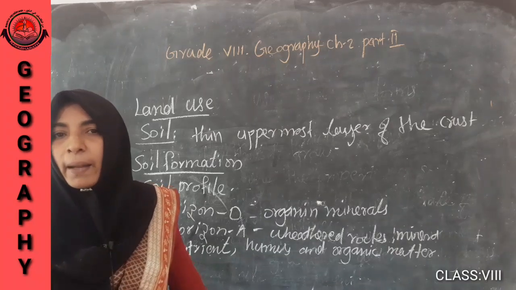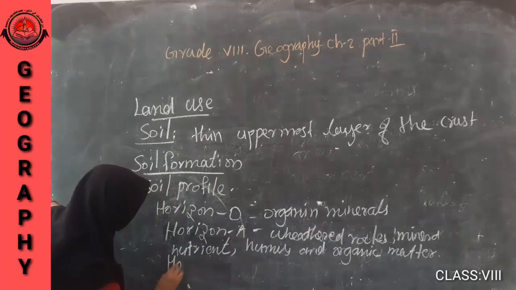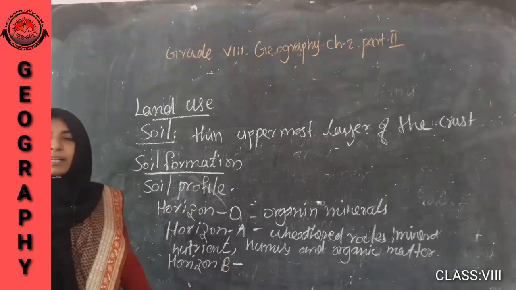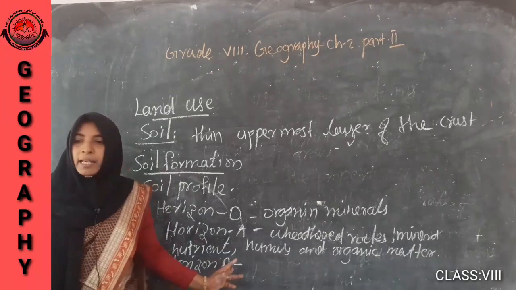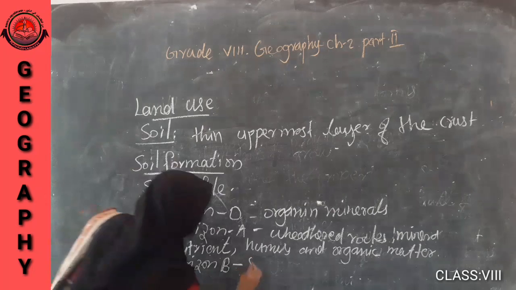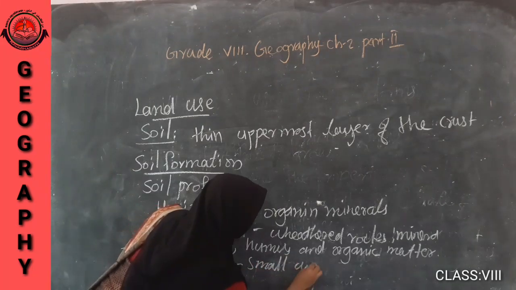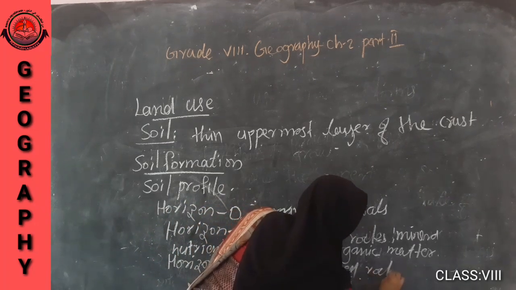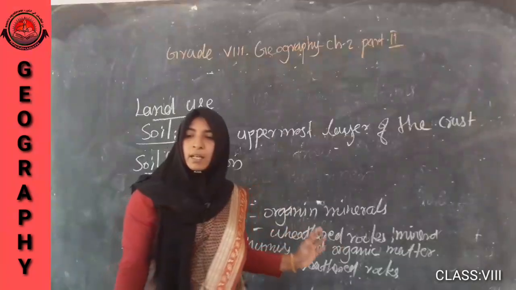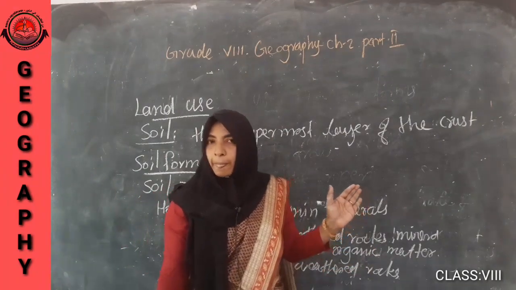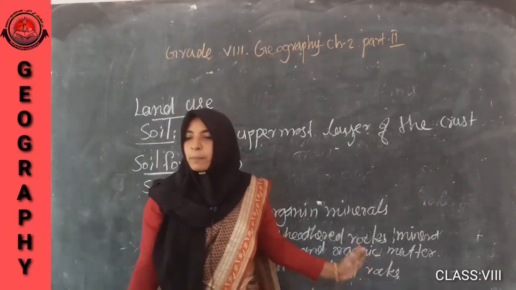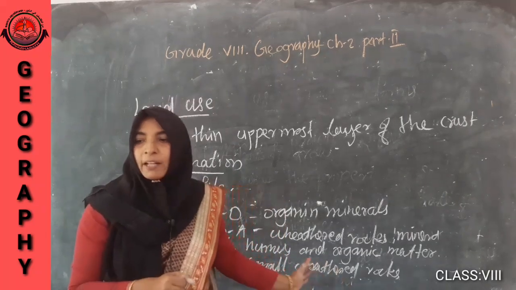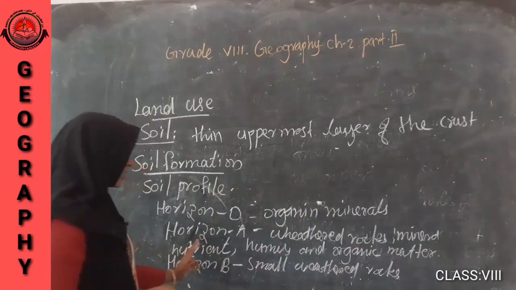Third one, horizon B. Which are the things contained in horizon B? Small weathered rocks.